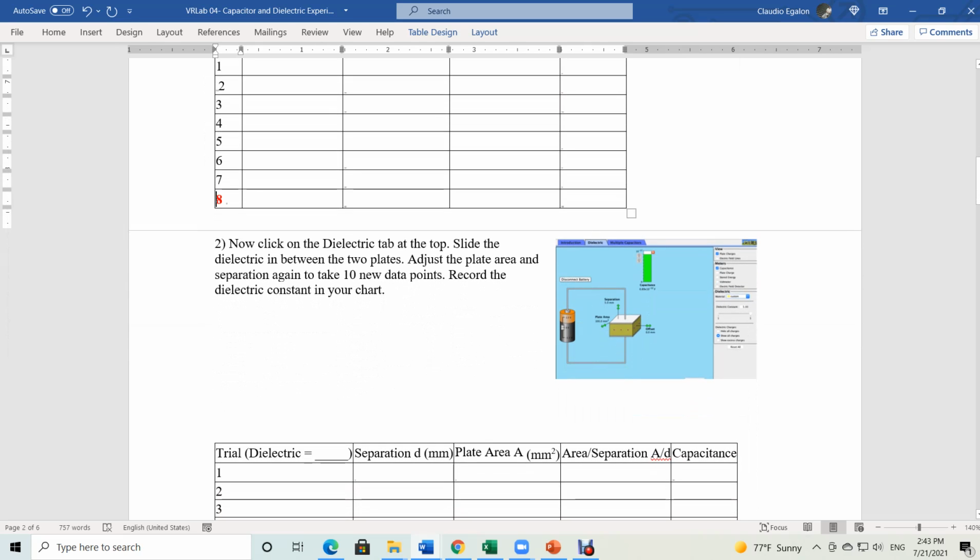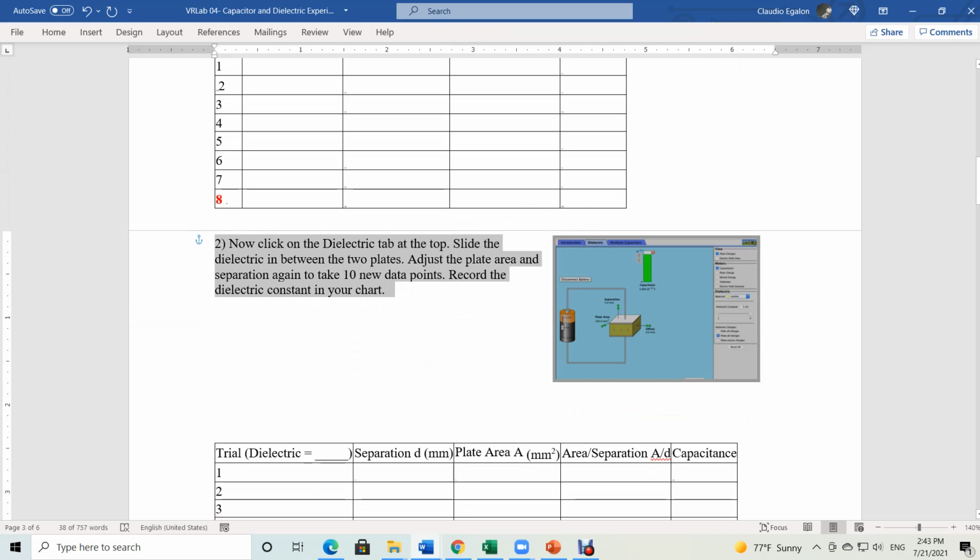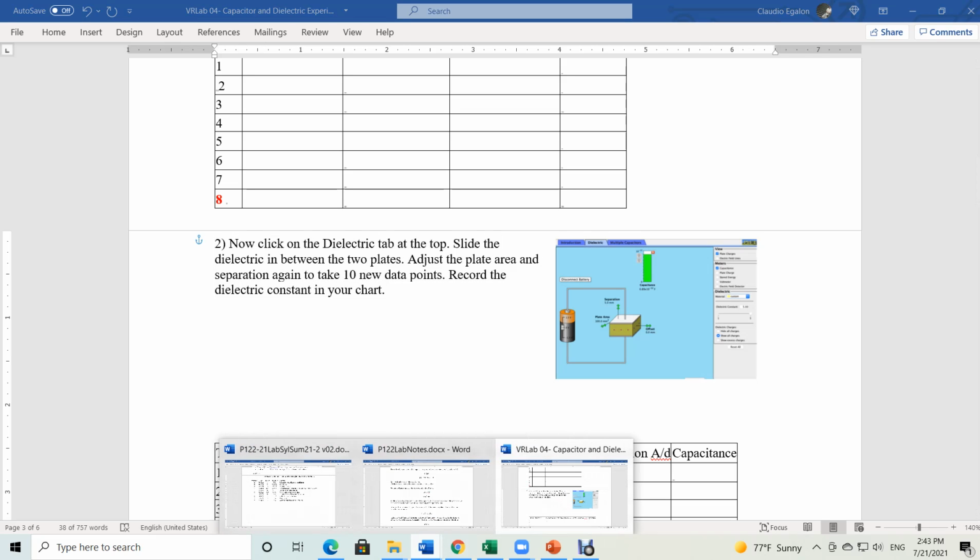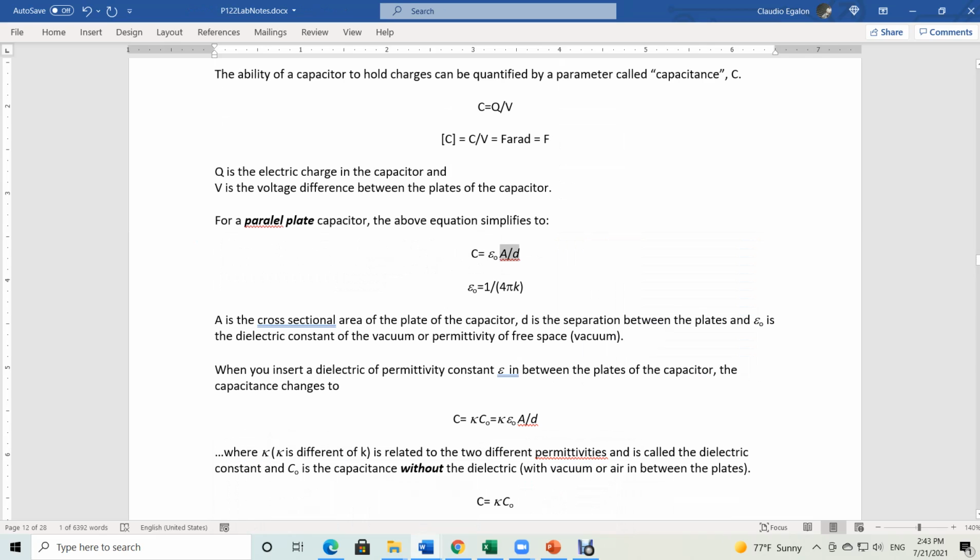Now click on the Dielectric tab at the top. And now we're going to put a dielectric inside. The formula that you see here, let's go back to the equation for the capacitance. This is not the whole story of the formula.